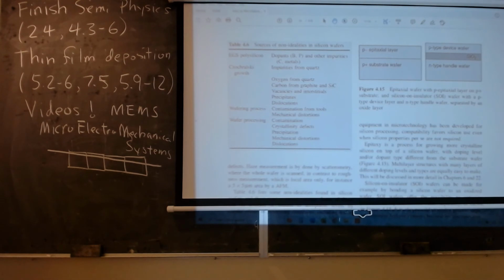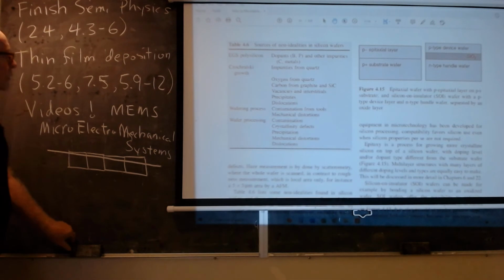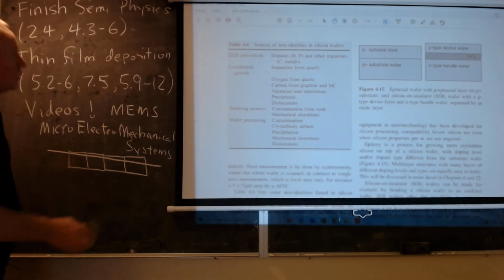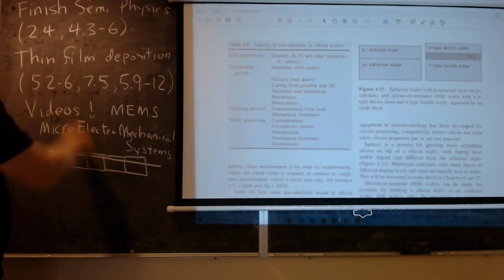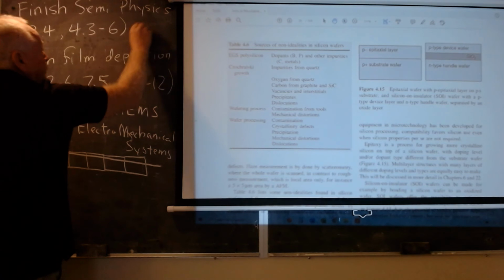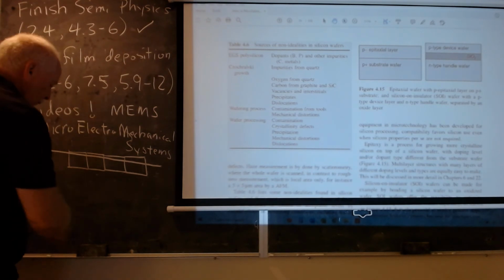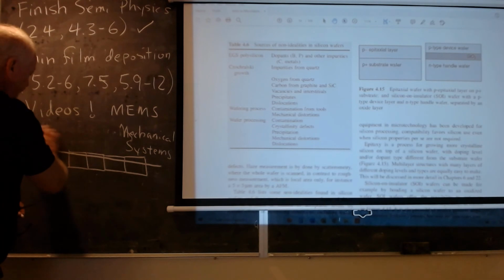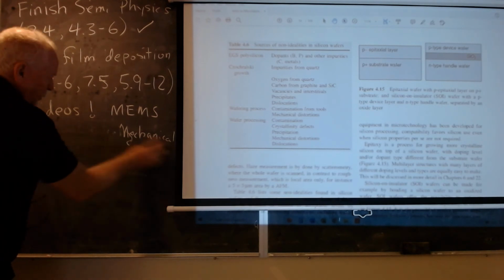Okay, and that does complete our section on the semiconductor physics we have to know.